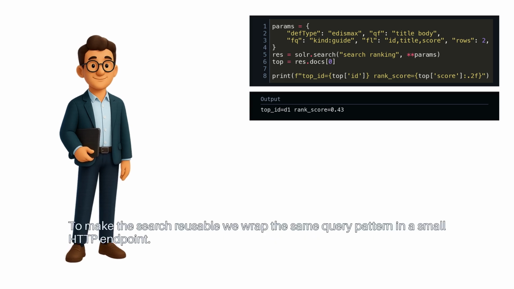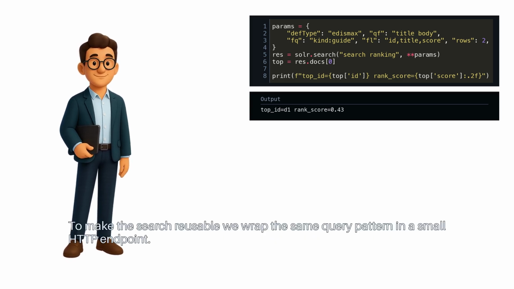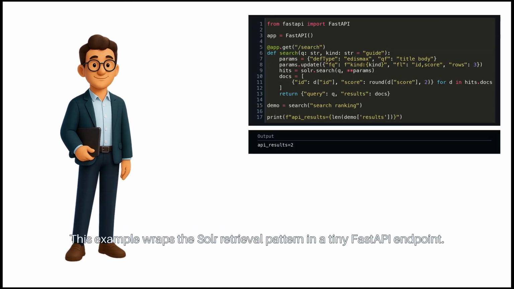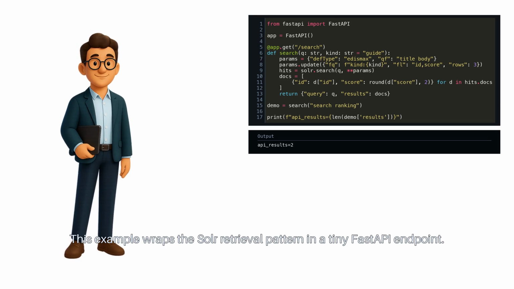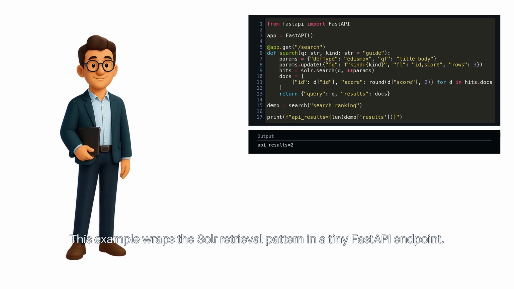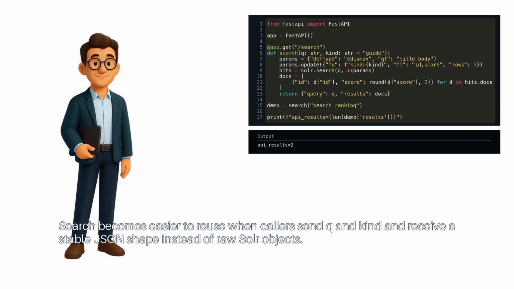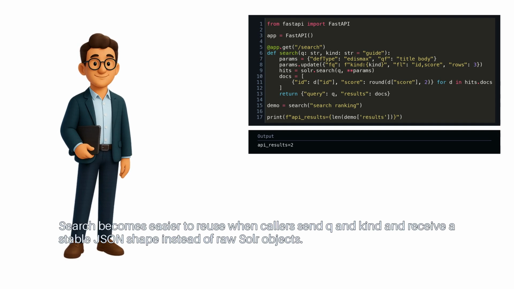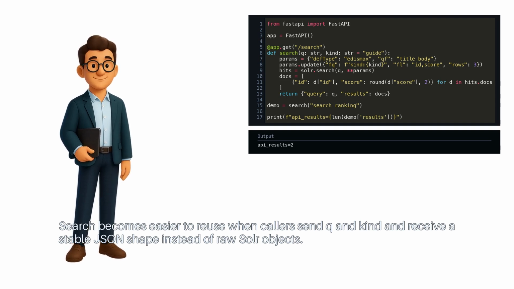To make the search reusable, we wrap the same query pattern in a small HTTP endpoint. This example wraps the Solr retrieval pattern in a tiny FastAPI endpoint. Search becomes easier to reuse when callers send q and kind and receive a stable JSON shape instead of raw Solr objects.